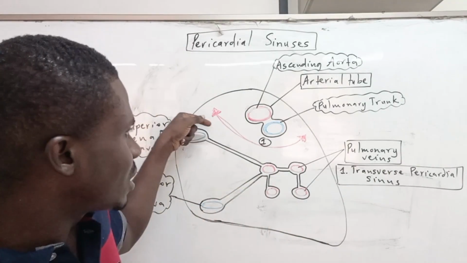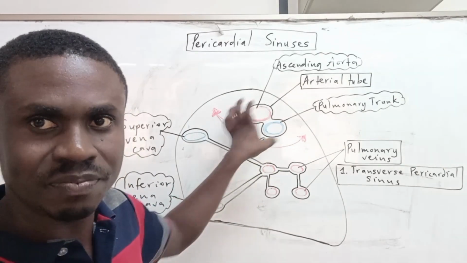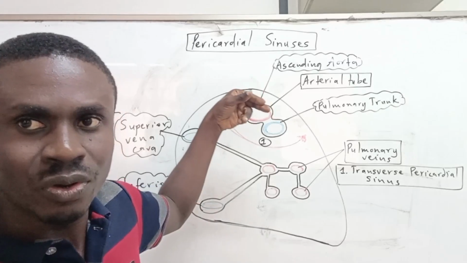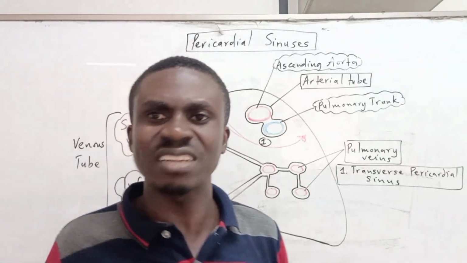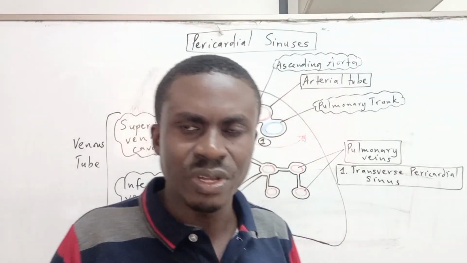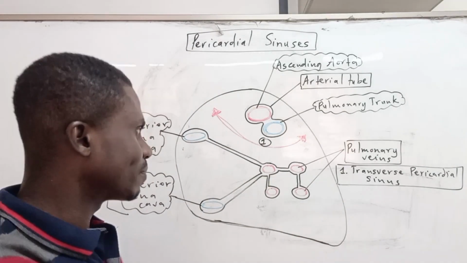We are going to use it to locate these great vessels so that we can isolate them. Once we isolate them, then we clamp or we ligate them so that cardiac surgeries can go on smoothly without that kind of eventful issues like losing a lot of blood. I want you to know that.